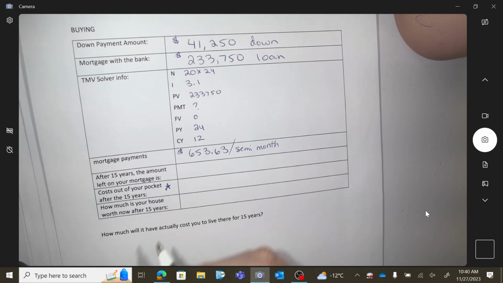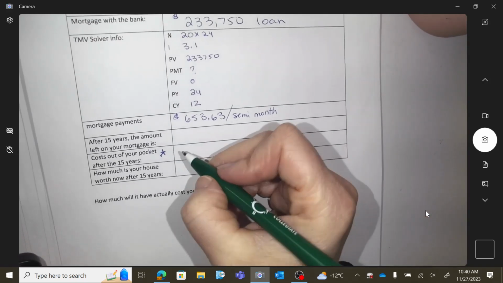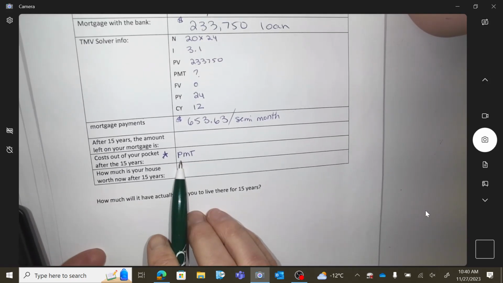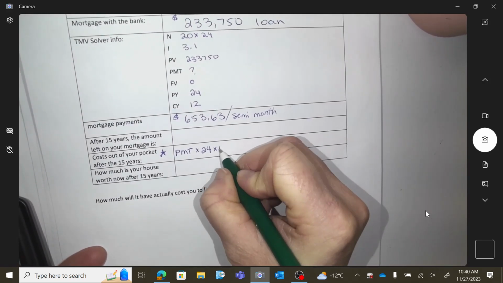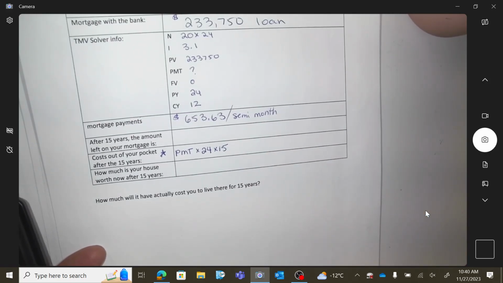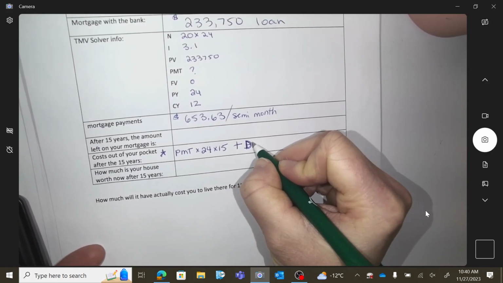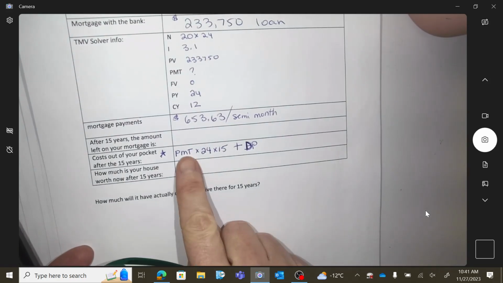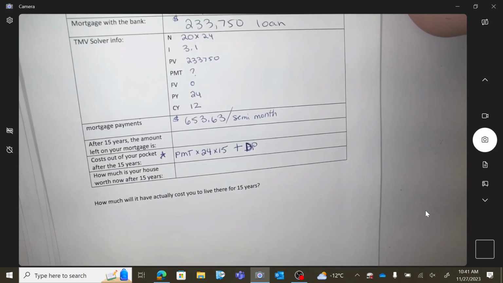Okay, let's jump to this one here. How much has left my pocket? How much has left my pocket? So I made that payment. So this is for 15 years because I'm only living here for 15 years and then I'm going to move. So if this came out of my pocket 24 times a year for 15 years, plus, don't forget, what did you do? You put that down payment on day one. So that's all the money that has left your pocket. This payment 24 times a year for 15 years and your down payment have all gone out of your pocket.